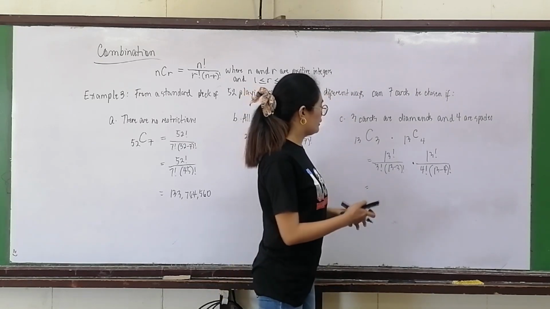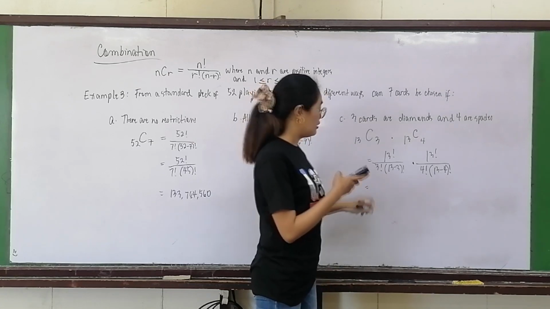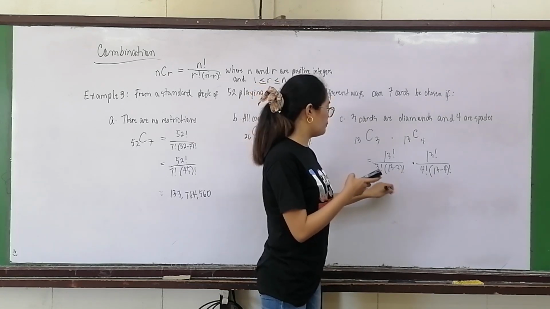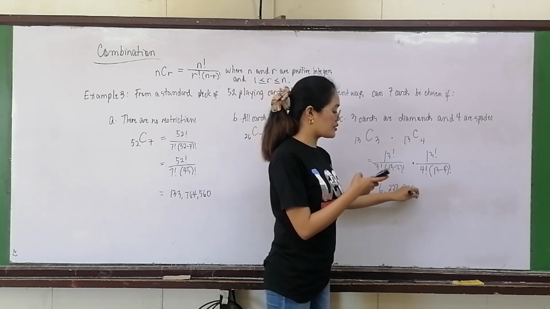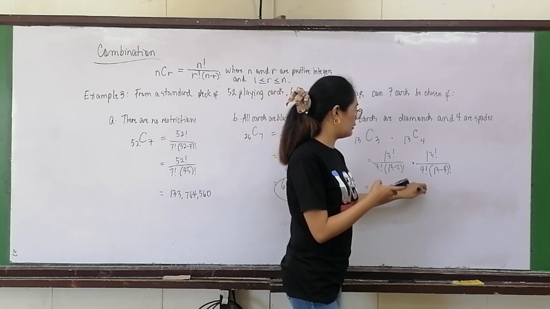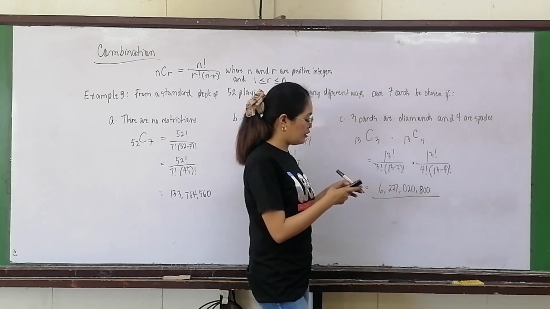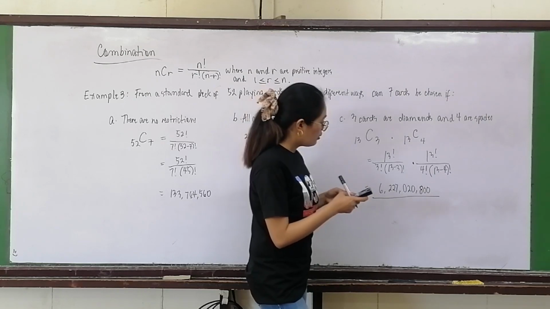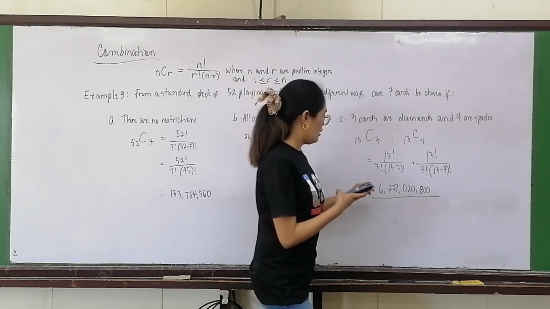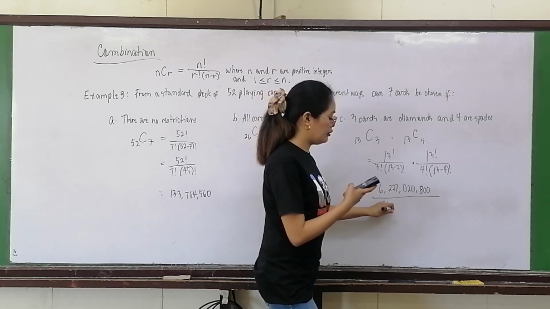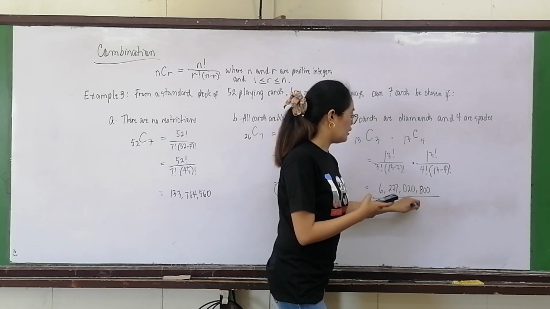Now, our 13 factorial is 6,227,020,800 divided by 3 factorial multiplied by 10 factorial, which is 21,772,800.